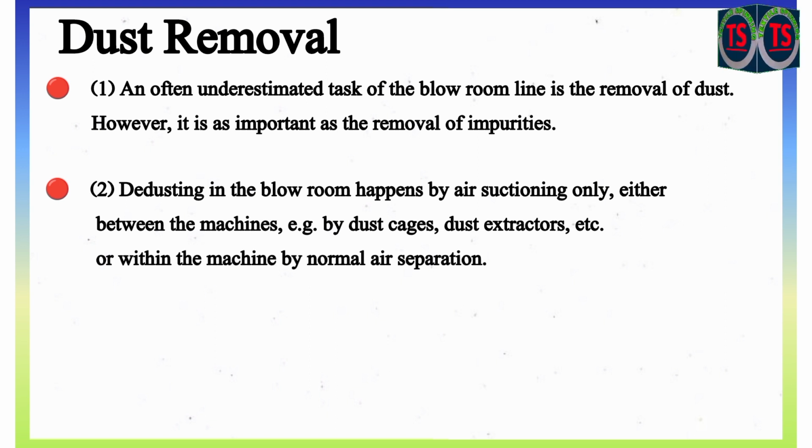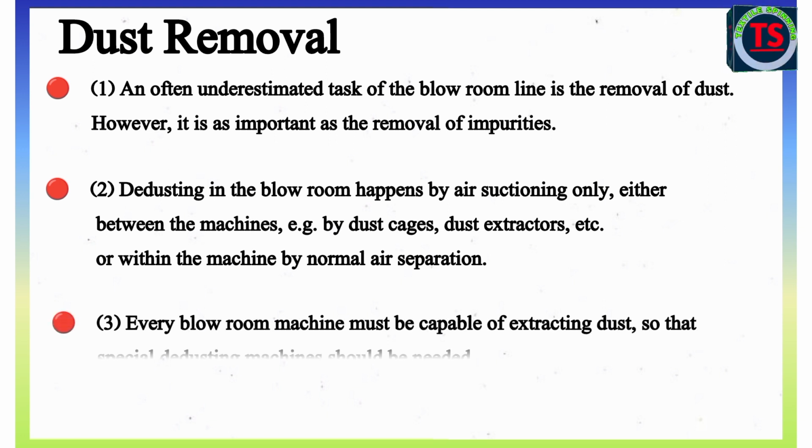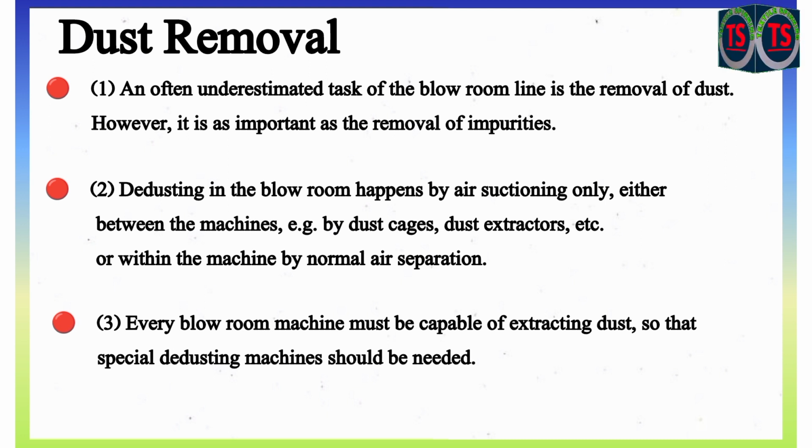Dusting in the blowroom happens by air suction only, either between the machines, e.g. by dust cage, dust extractor, etc., or within the machine by normal air separation. Every blowroom machine must be capable of extracting dust, so that special dedusting machines are not needed.